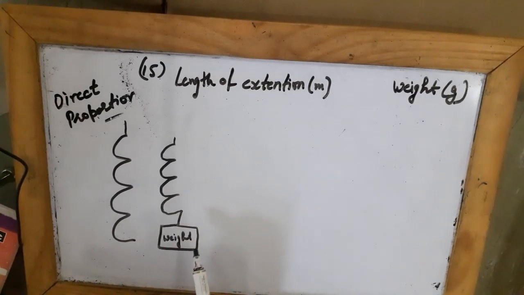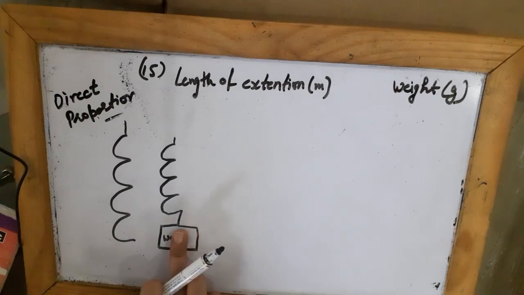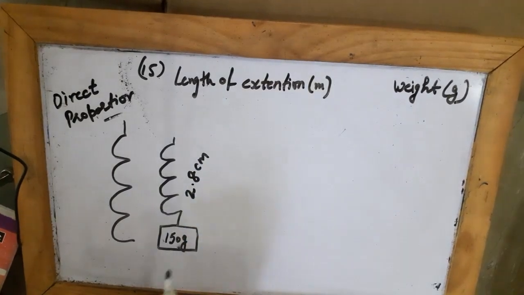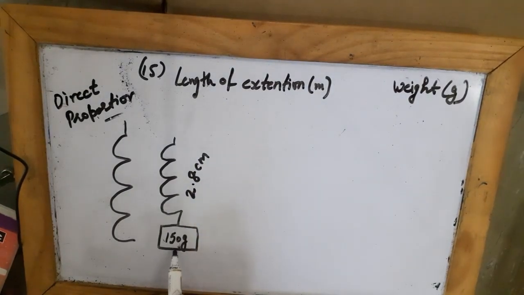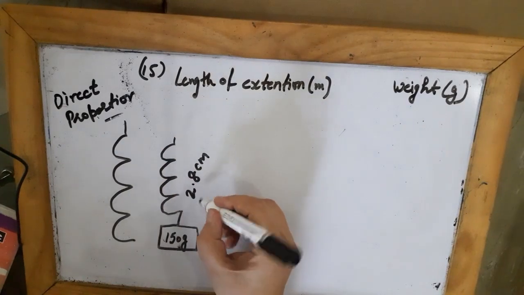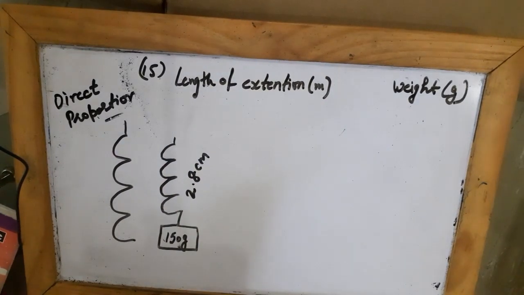So they are saying if a weight of 150 grams, अगर यहाँ पे मैं 150 grams वेट हैंग करती हूँ, if a weight of 150 grams produces an extension of 2.8 centimeters. अगर मैं इस string पे I hang a weight which is 150 grams, so this gets extended. ये बड़ी हो जाती है. कितनी बड़ी हो जाती है? 2.8 centimeters.